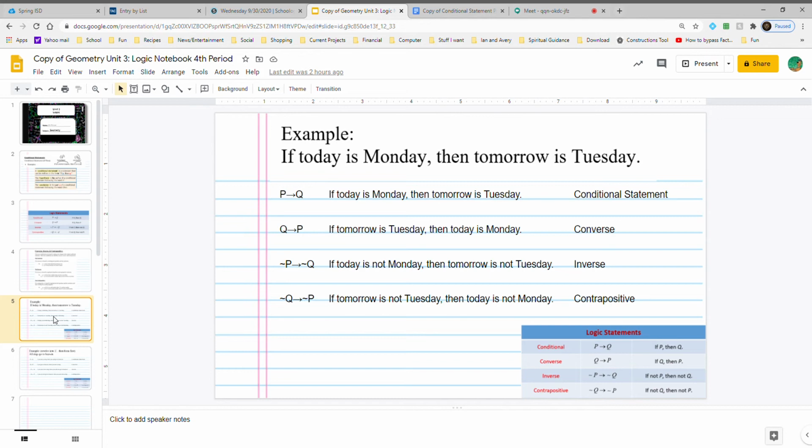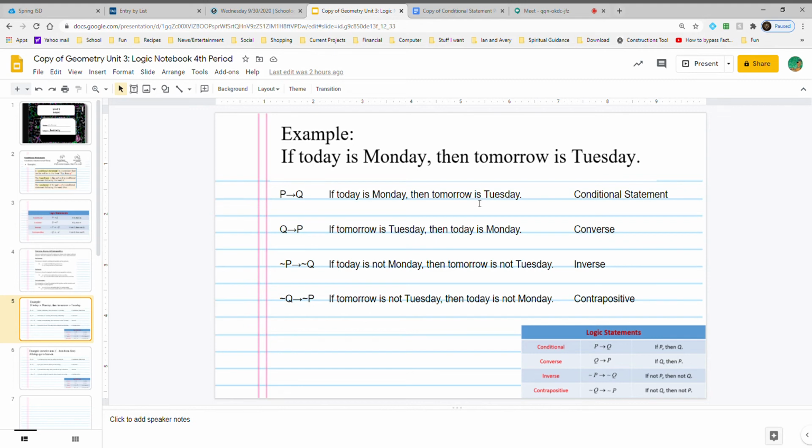Okay? So the conditional statement, if today is Monday, then tomorrow is Tuesday, right here. That's the conditional statement. The converse of this, see, converse is where you take Q and P. You take your P and your Q and you swap them. And so instead of saying if today is Monday, then tomorrow is Tuesday, you say if tomorrow is Tuesday, then today is Monday.